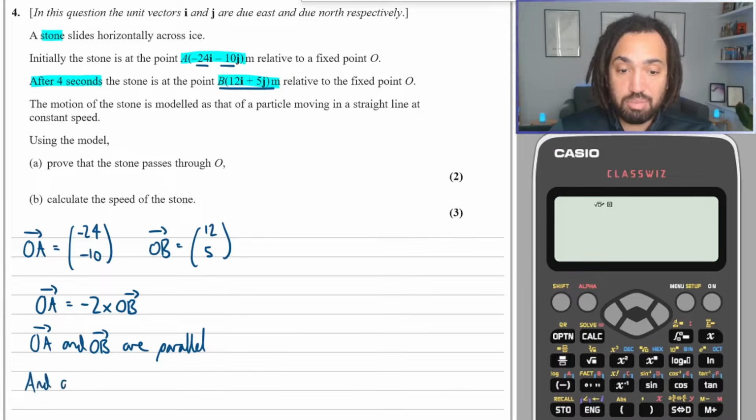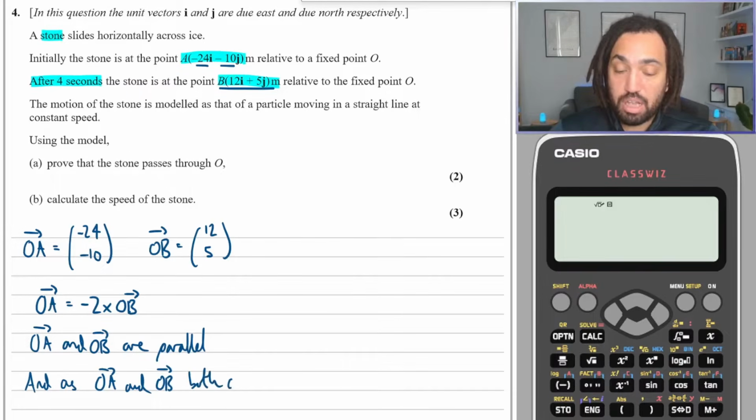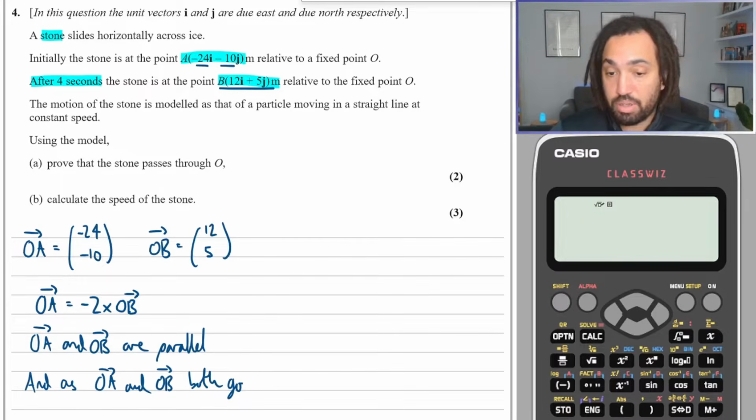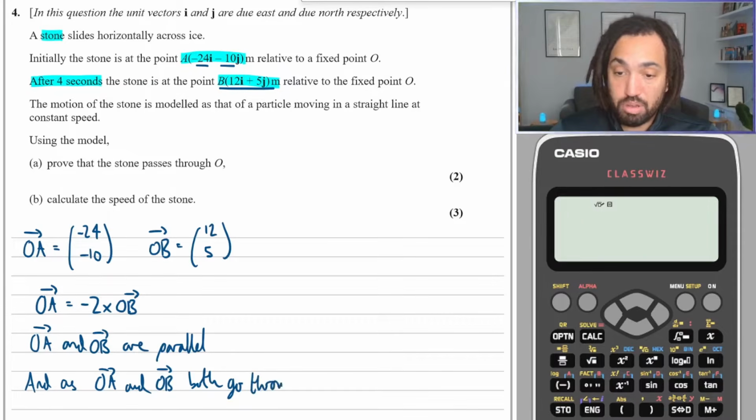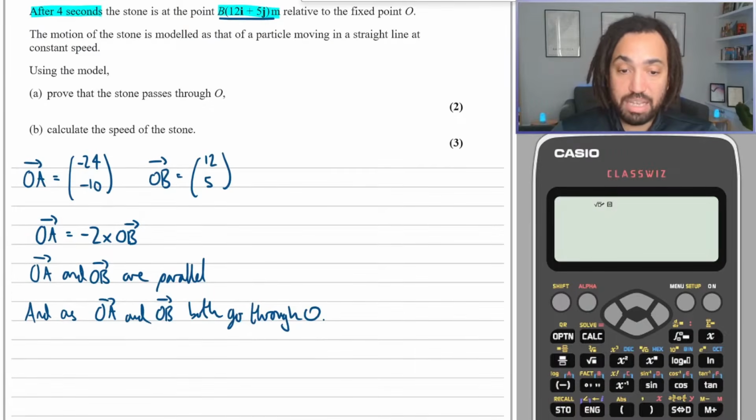And as OA and OB both go through the origin and they're parallel, it means that OAB must be a straight line.